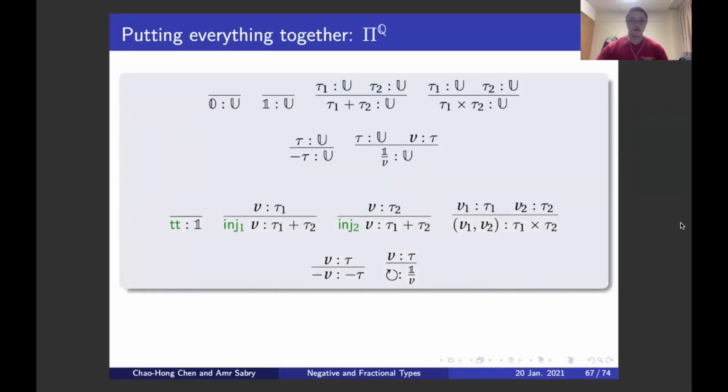Now we have all the pieces, and we want to put it all together. So we have this new language, which is PiQ, which has negative types and pointed fractional types. And their values are the same as defined before.